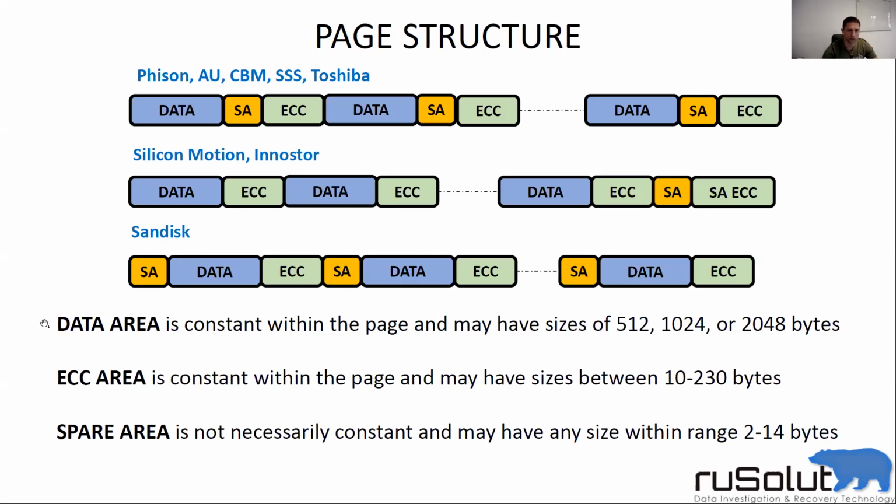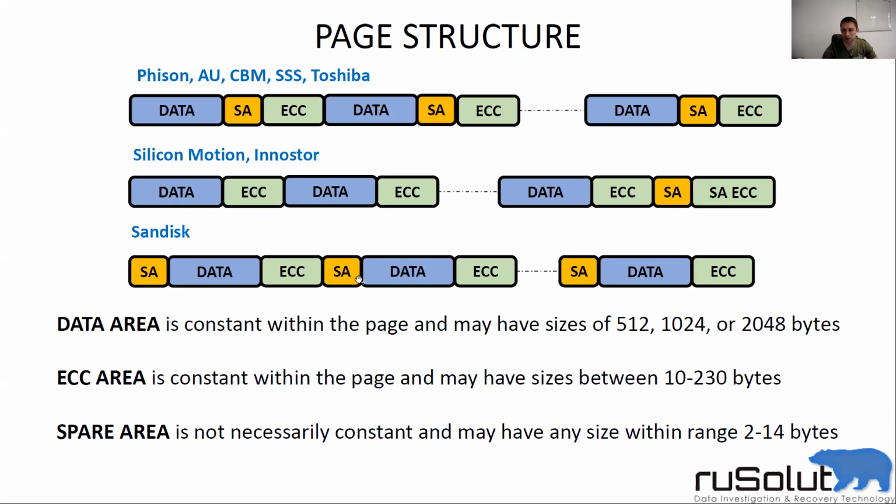And if you know these sizes of the data area and the typical distribution for different controllers, you can easily do the page layout. You should just set the first data area, then ECC, and so on.